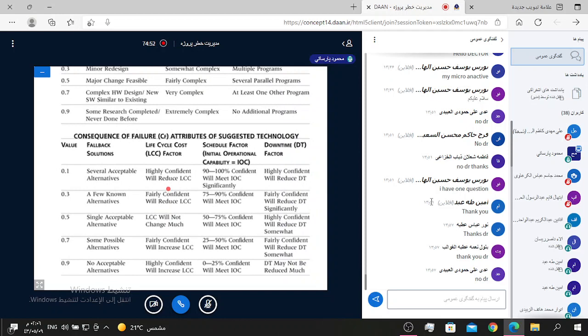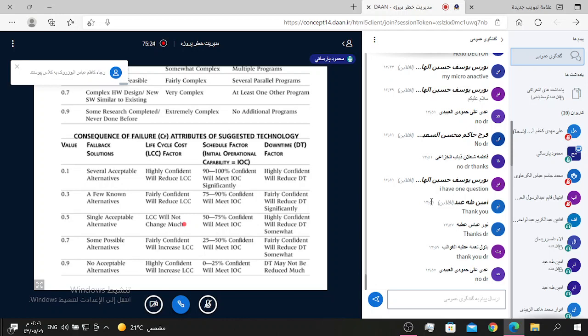And for example, about the schedule factor or initial operational capability, IOC, with for example 50% probability, there is 50 to 75% confidence we will meet IOC or initial operational capability.